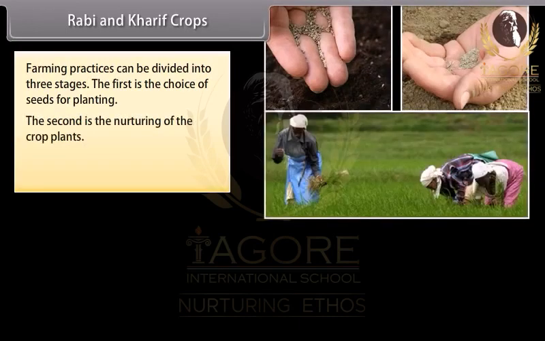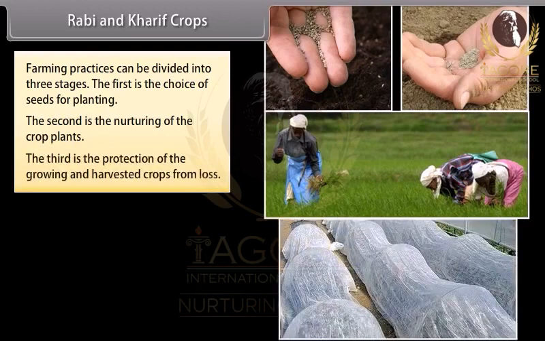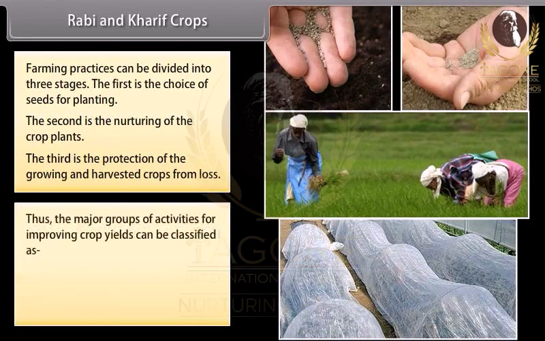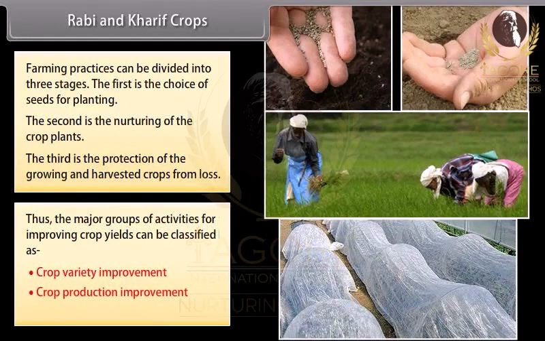The second is the nurturing of the crop plants. The third is the protection of the growing and harvested crops from loss. Thus, the major groups of activities for improving crop yields can be classified as crop variety improvement, crop production improvement, crop protection management.